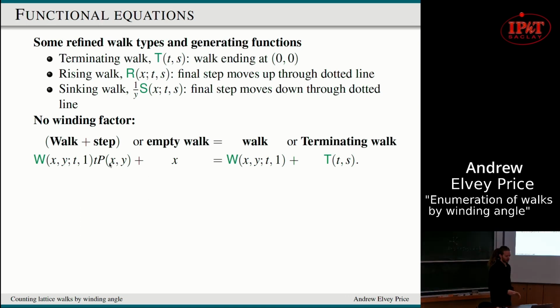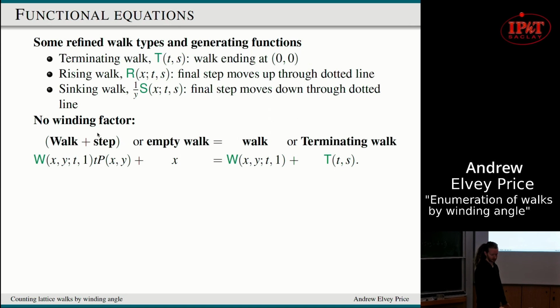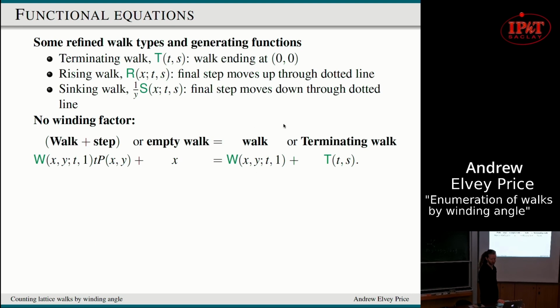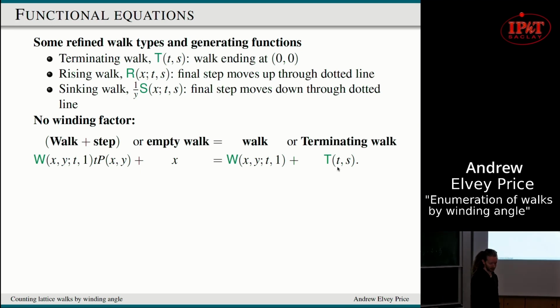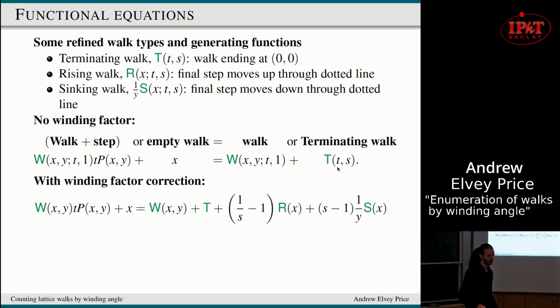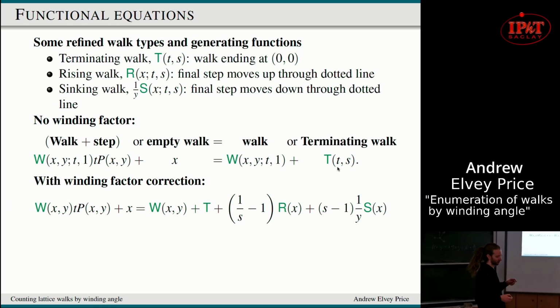Okay. So a walk is either a walk with no steps or a walk with a step added at the end, except that a walk with a step added at the end could also be a terminating walk, which isn't counted as a walk. For the walks we're counting with W, you're not allowed to go to (0,0). That gives us this equation if we're not worrying about the winding angle. But now we need to correct for the fact that we want to multiply by s when we pass through that dotted line I mentioned.